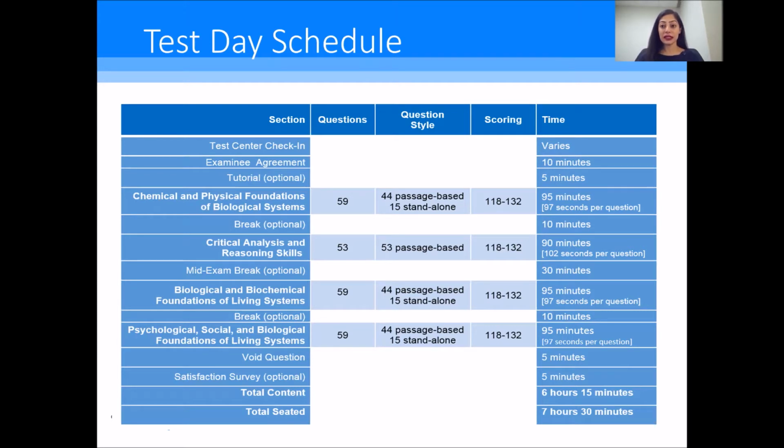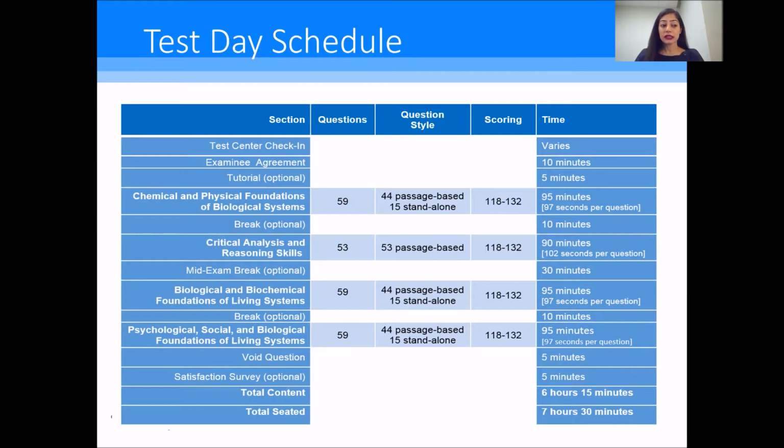Now, when test day actually rolls around and you get to the test center, the first thing you have to proceed with is check-in. This is where they ask you for ID, certain centers take fingerprints, and the time allotted for check-in really varies. The reason is that it depends on how many people are writing the MCAT in the testing center you've chosen.